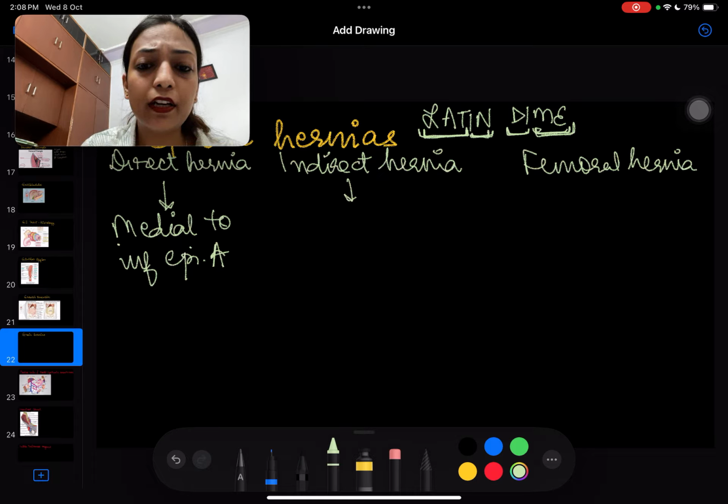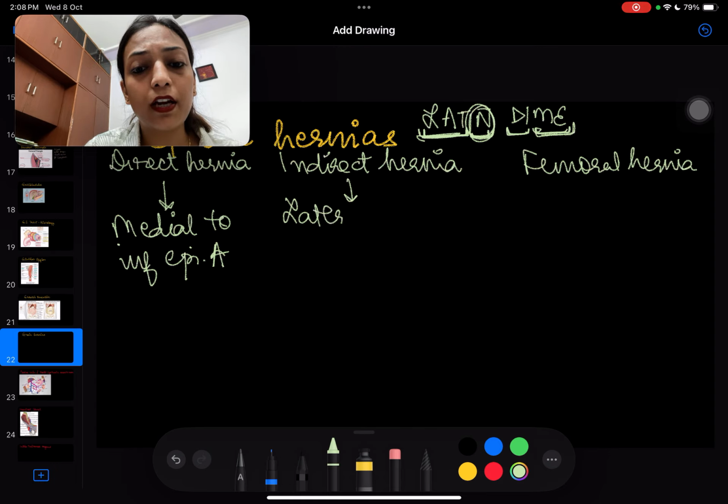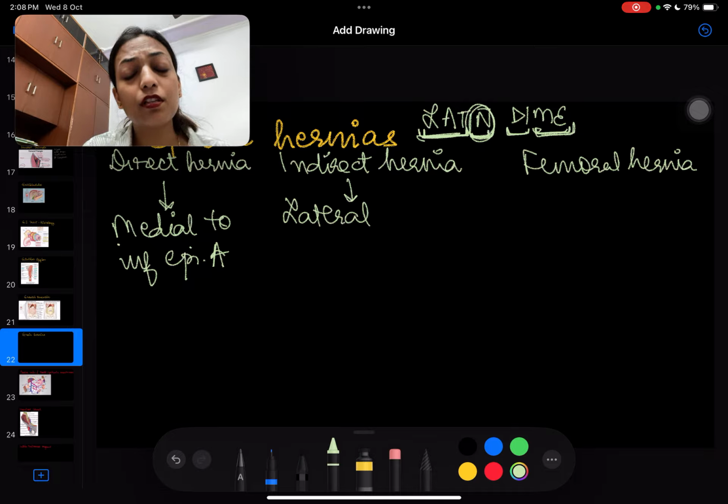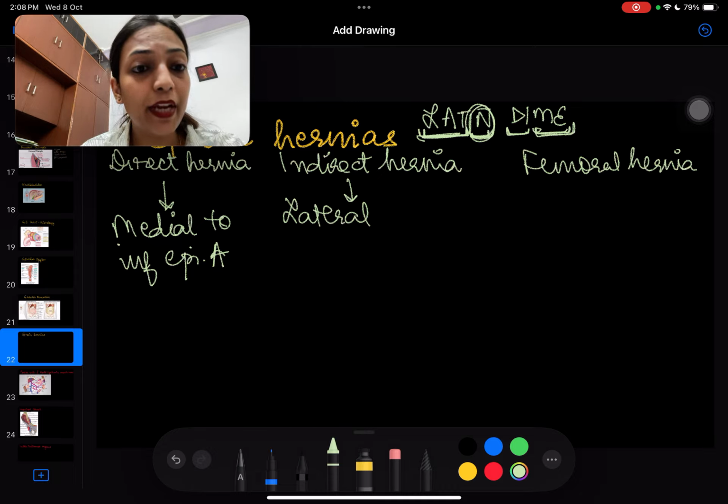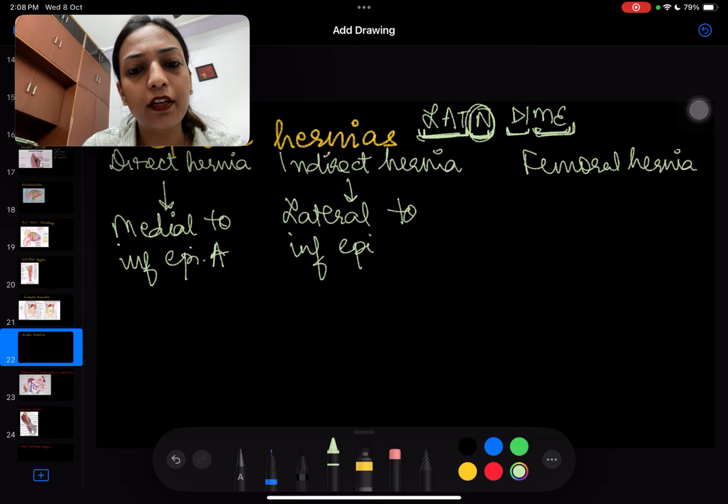Indirect hernia, indirect inguinal hernia is lateral. So it comes lateral. I had such a hard time to remember this fact. So I am just trying to make it simple for you all also, because I just sat down with this once and just thought I need to make a mnemonic for it right now and make it clear for myself today. So lateral to the inferior epigastric artery is the indirect hernia.